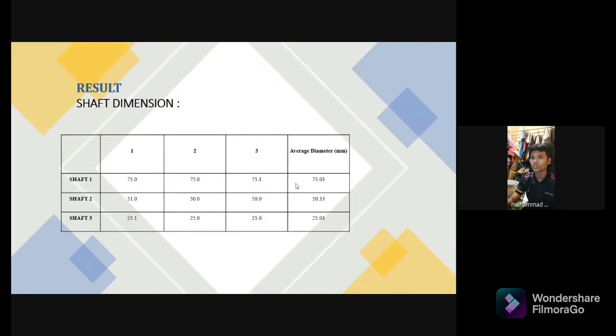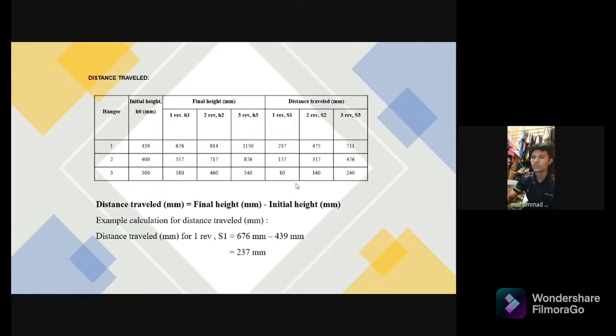Okay, this is the result that we get from the procedure that we made. This is also the result for the distance travel, which is the distance travel in millimeter equal to final height in millimeter minus initial height, also in millimeter.